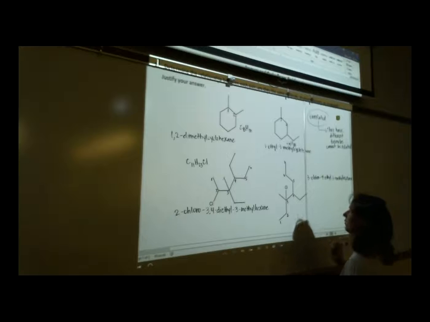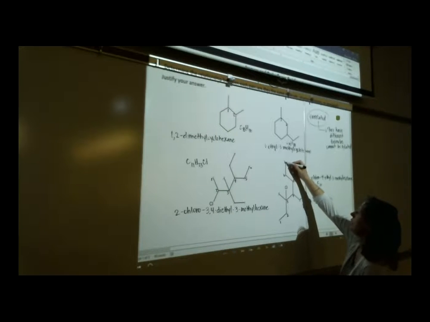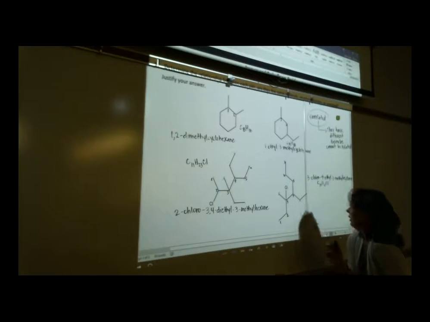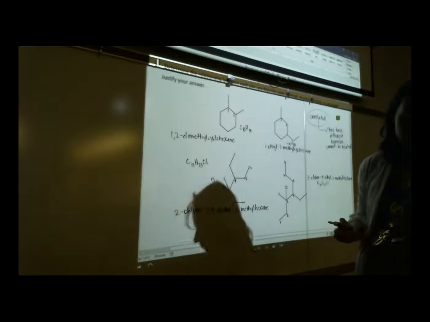Right? And now let's come up with its formula. There are 7, 8, 9, 10. C10. Then hydrogens: 1, 2, 3, ... 20, 21. H21, Cl. So they look similar, but are these molecules actually related in any way?